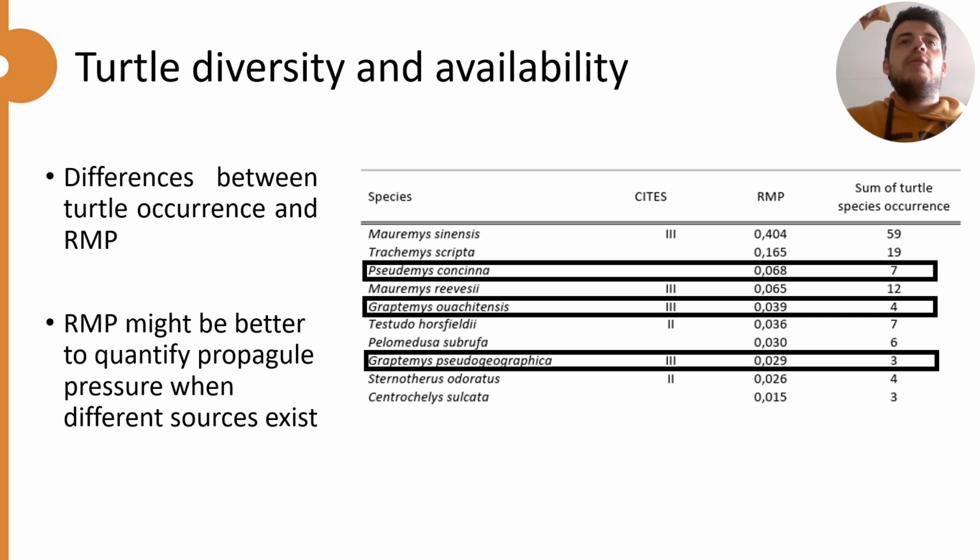This means that the relative market pressure might be a good index to quantify propagule pressure, particularly when we have different sources for these propagules, in this case different trades or different markets, but it can also apply to different introduction routes or other examples.